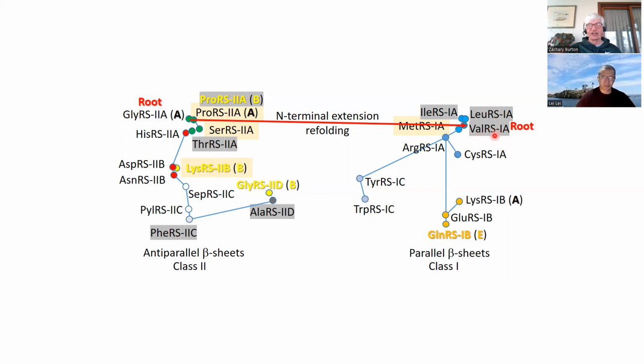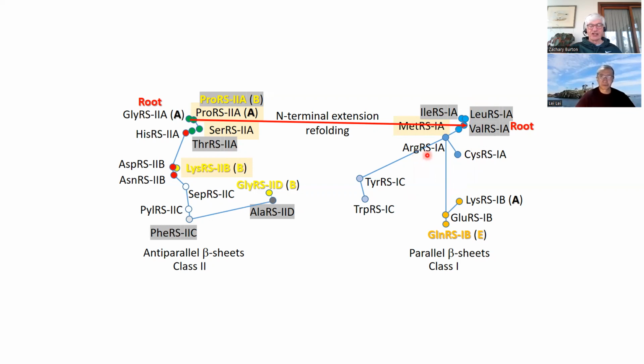I'm going to say that ValRS is the root of this tree, but you could say that GlyRS is ultimately the root of all of these enzymes, as I explained, because it gives rise to ValRS and IleRS. And then I'm calling ArgRS and CysRS 1A enzymes. Other people would argue this, but this is a better characterization. They're part of this cluster.